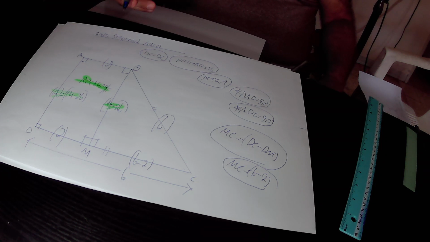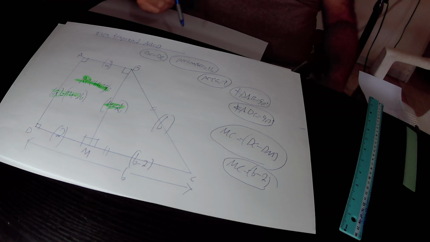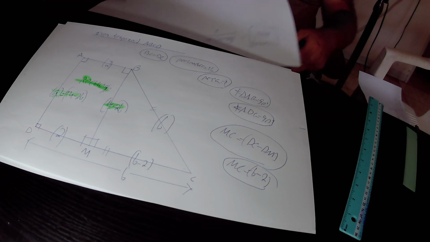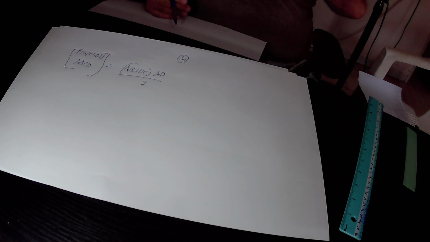The height must create 90 degrees with the two parallel bases, and AD definitely creates 90 degrees with those two parallel bases. Therefore, AD is the height, divided by 2. So in total, the area of this trapezoid ABCD equals AB plus DC times the height AD over 2.